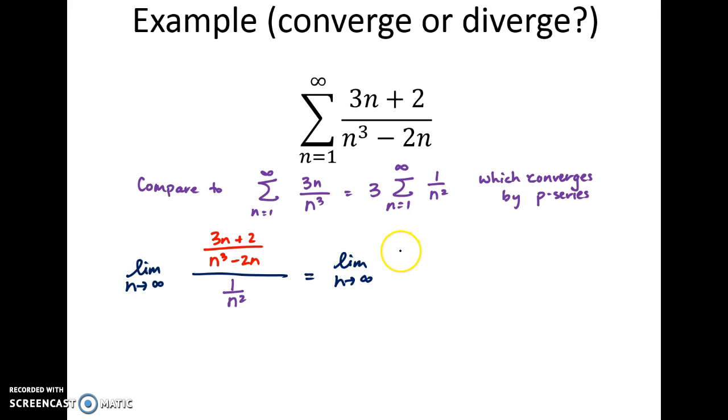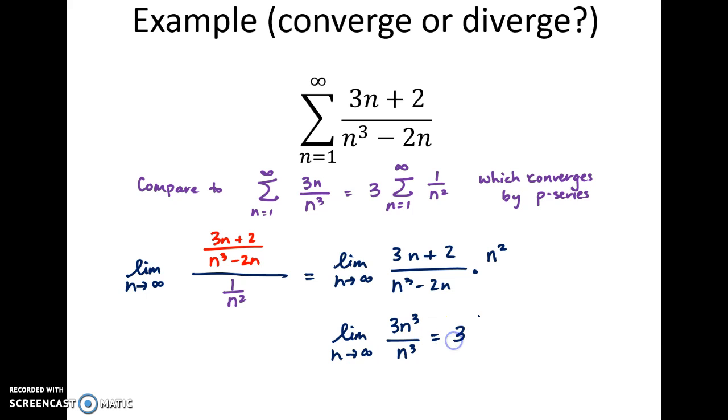And remember, you get to use end behavior, so you have 3n plus 2 divided by n cubed minus 2n times n squared. So the end behavior is 3n cubed over n cubed. So that's 3. So since I got a number between 0 and infinity, this series converges by limit comparison.